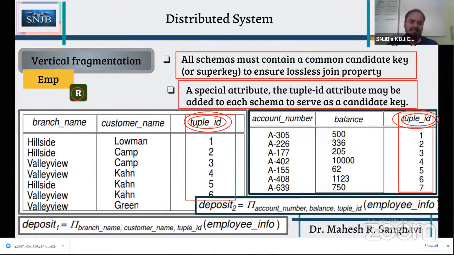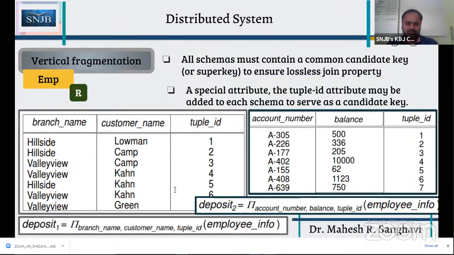My dear students, this is vertical fragmentation, and we have seen it a couple of times. We were calling it decomposition. There is no change. If you understood decomposition, that is your vertical fragmentation, where we divide the table into columns.